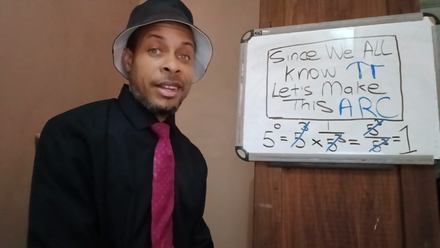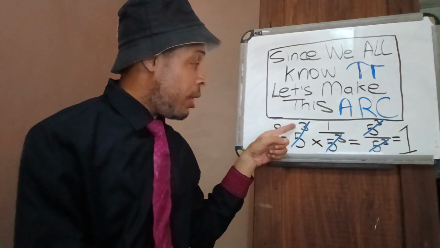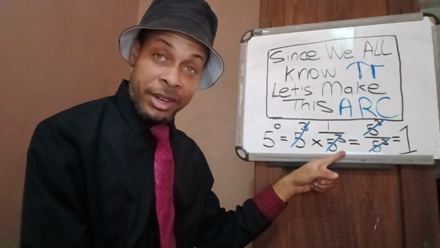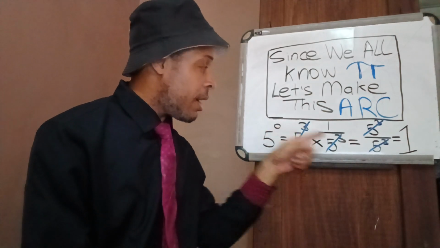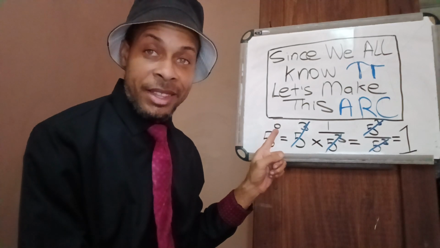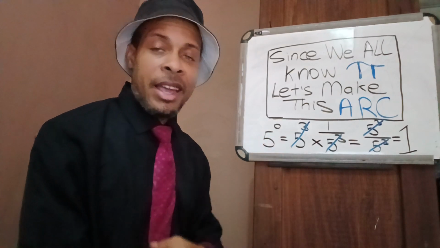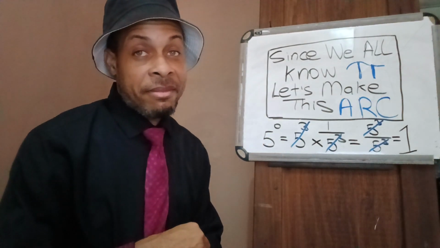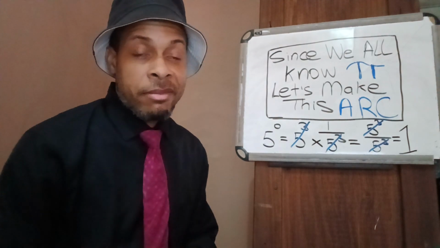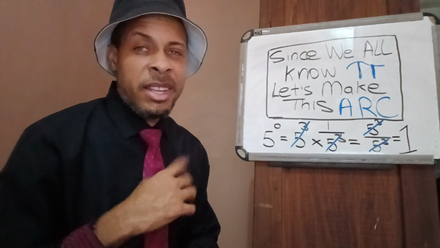Or whether it's plus, like up here, minus, like it's down here, and then when they are equal and opposite forces, that's the net resultant force. Anyway, since we all know pi, let's make this arc, yeah, leave more than marks.